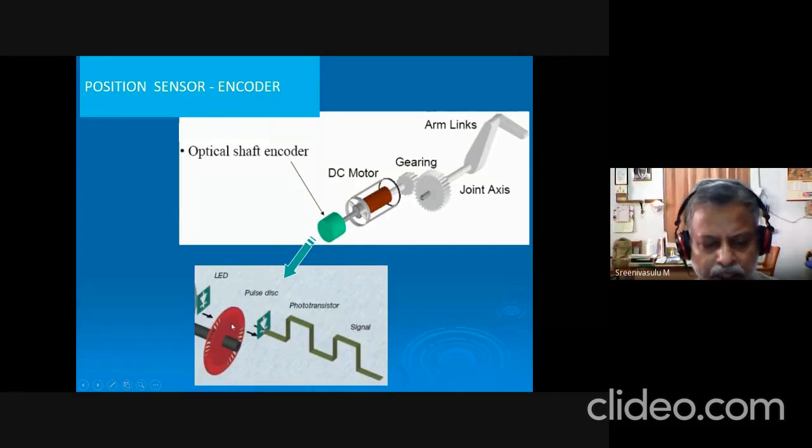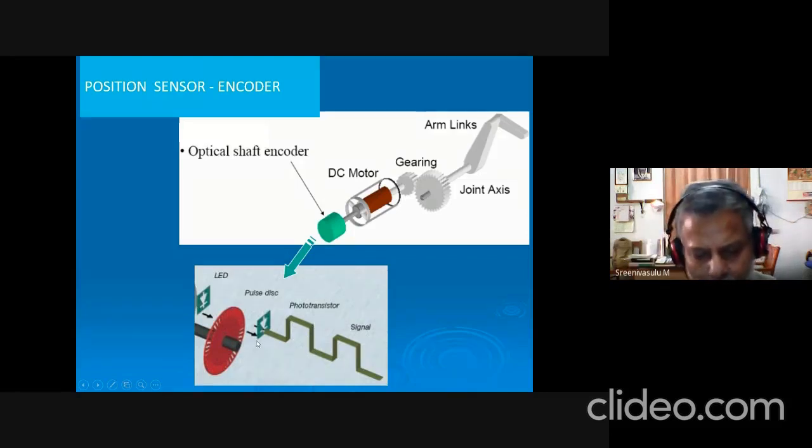You have an emitting diode and a sensor, and the receiver receives the signal like this. Whenever the slot is there for the emitting source, that time it is on, meaning 1. Whenever the obstruction comes in between, that time it is off, meaning 0. So this is for 0, this is for 1.